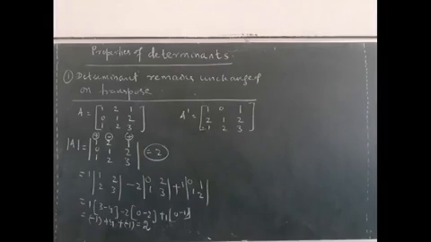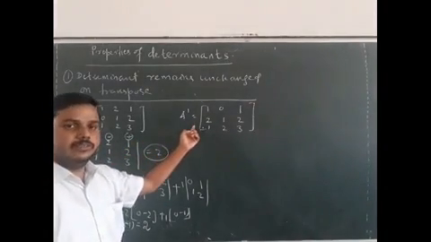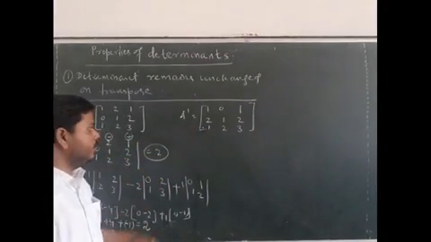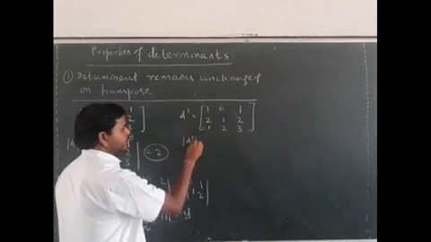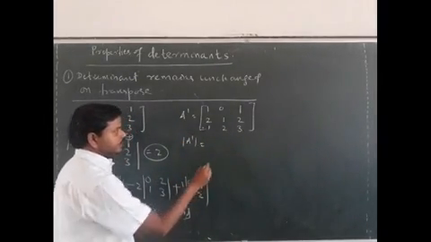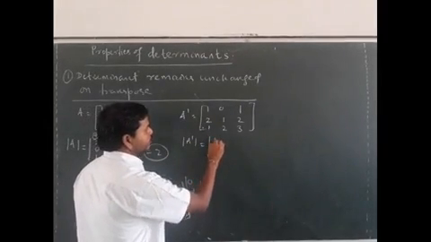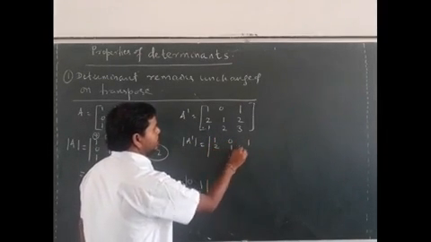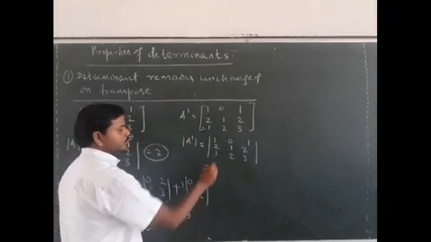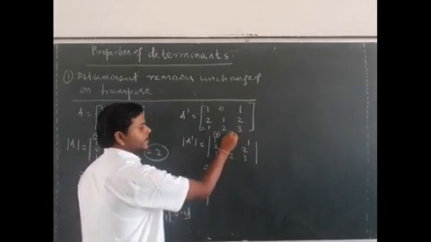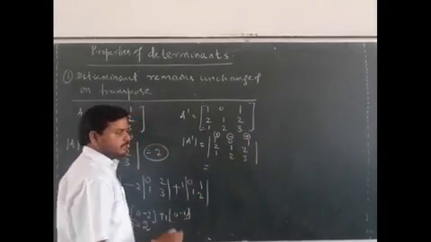Now let me check whether the determinant of A dash is also 2. So the determinant of A dash is the determinant of 1, 0, 1, 2, 1, 2, 1, 2 and 3. Again the signs are positive, negative and positive.